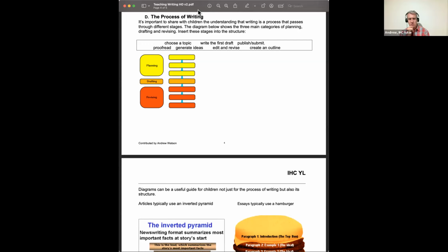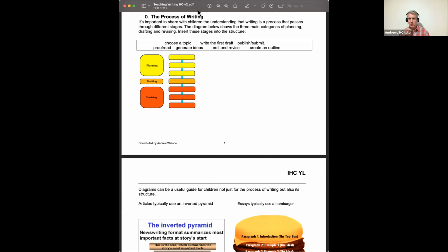Then in revising, what would we have there? Proofread. I think edit and revise needs to come next, right? Because editing is also about the ideas, the content.